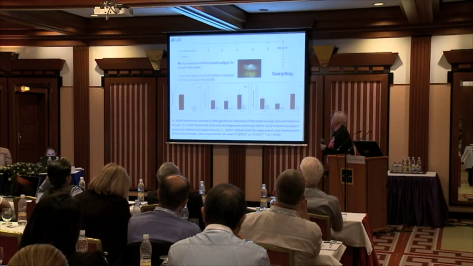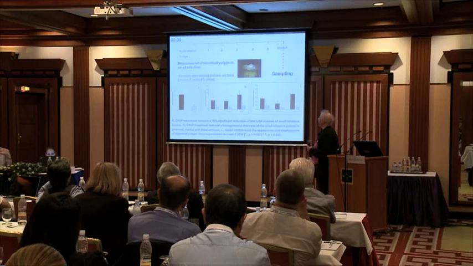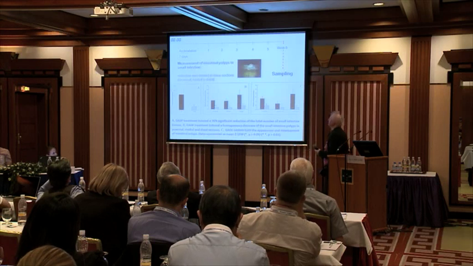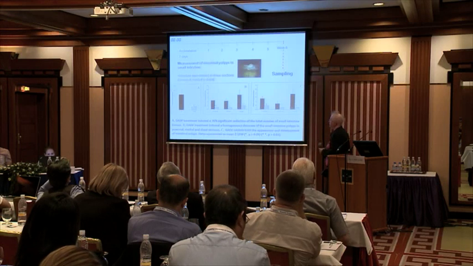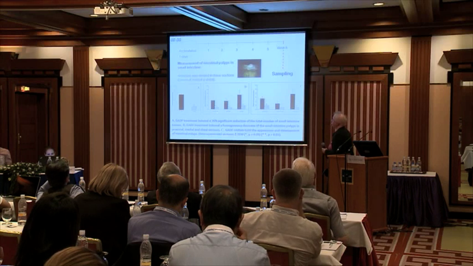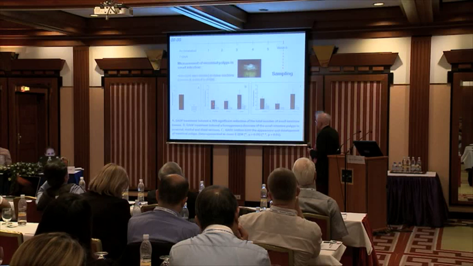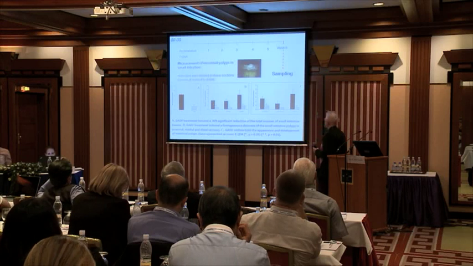And what we see is that when we measure the intestinal polyps, because mainly this model produces polyps in the small intestine, we see a decrease in the total number of polyps, and the decrease was in all the different regions of the intestine.